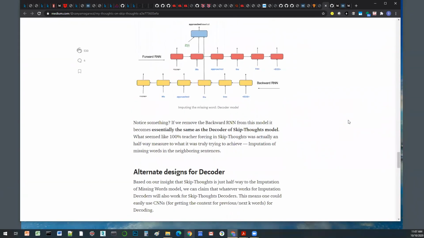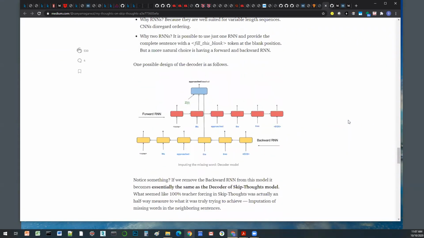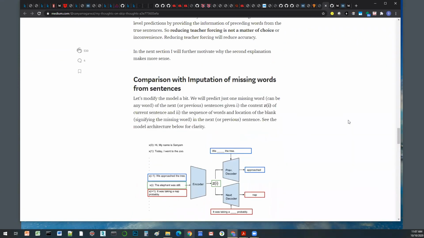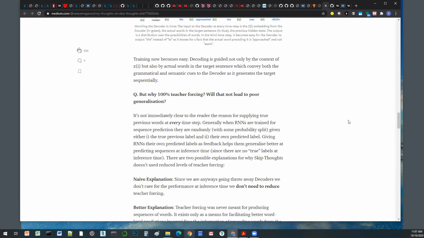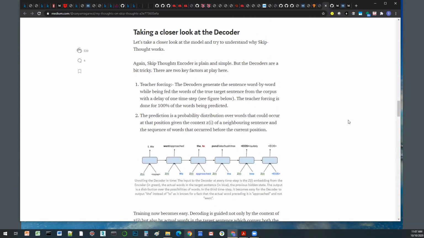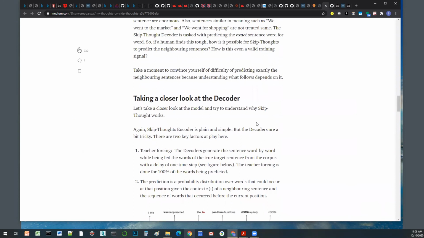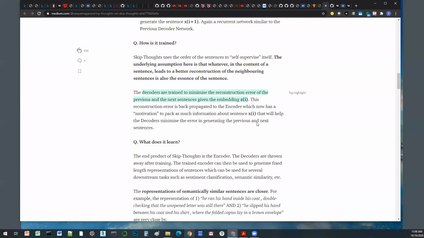Nevertheless, read this blog post. I think it does a good job of taking you through the steps of building skip thought vectors, which are essentially the output of what Gautam has used with the universal sentence encoder. But you can think of this approach as building a very simple, very primitive version of what is probably built into the universal sentence encoder today.